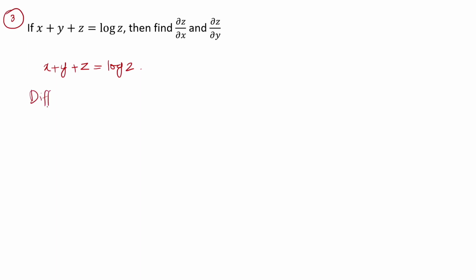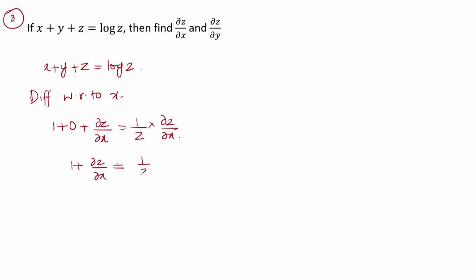Differentiating with respect to x, we'll get 1 plus 0 plus ∂z/∂x equal to the derivative of log z, which is 1/z into ∂z/∂x. Now we have 1 plus ∂z/∂x is equal to 1/z into ∂z/∂x. So we need to find ∂z/∂x from this.